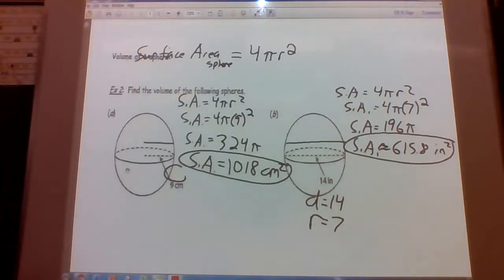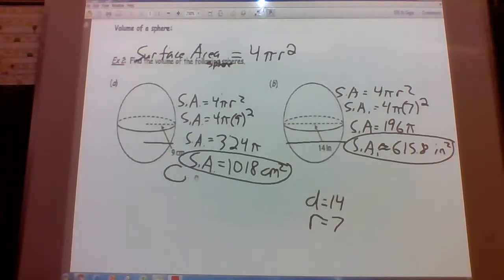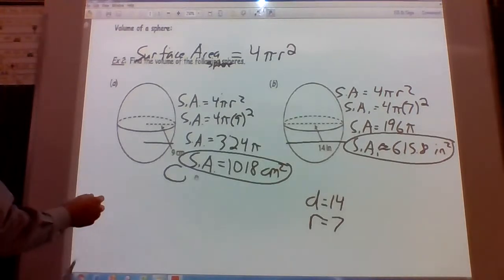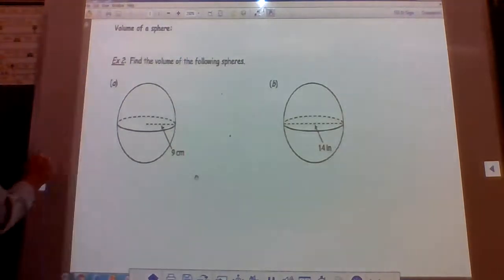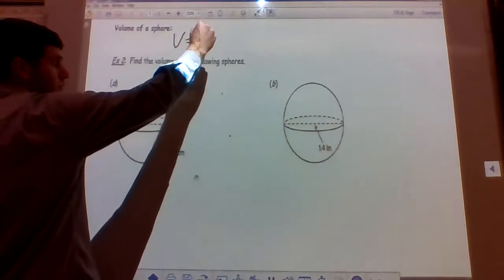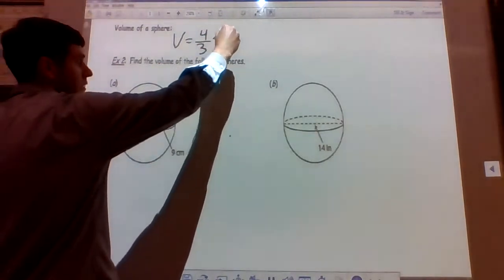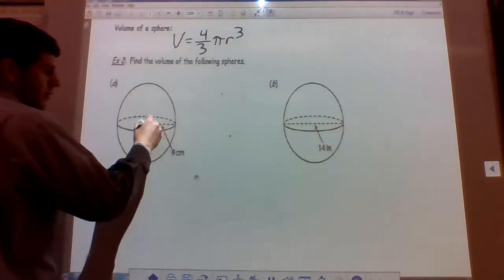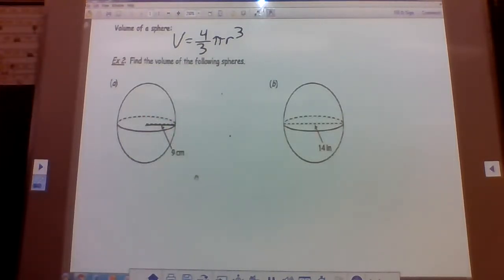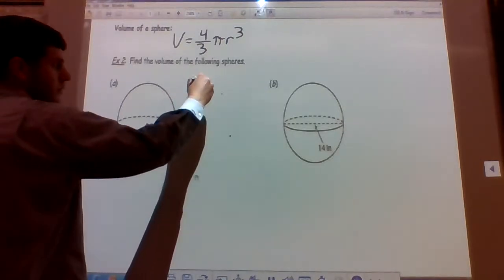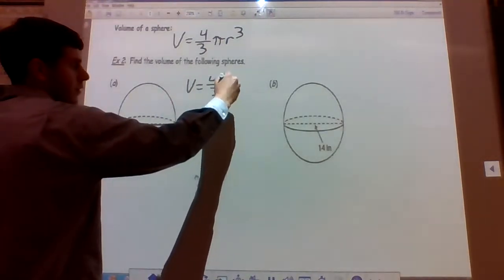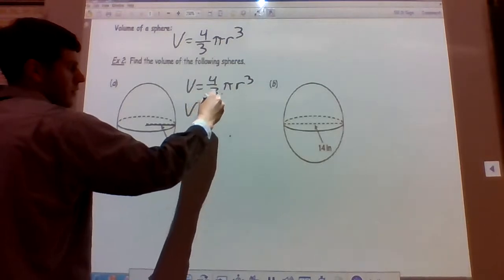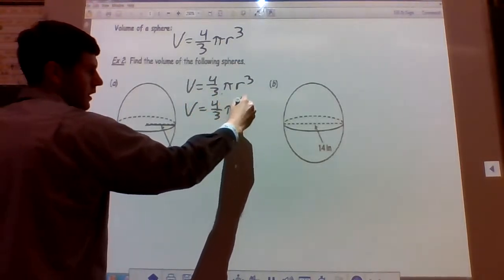Volume, same thing. We're just going to have the formula, and all you got to do is substitute in the radius. So our volume formula is going to be volume is 4/3 pi r cubed. So we have a radius of 9, so this is going to be 4/3 pi times 9 cubed.